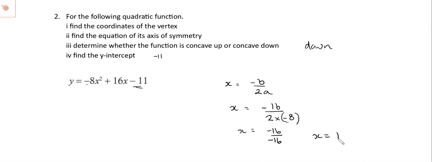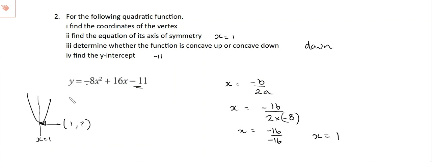All right? So the equation of the axis of symmetry is x equals 1. How do we find the coordinates? No. We could, but we don't have to do that. If I know the axis of symmetry is x equals 1, I know the coordinates of the vertex are 1, something.